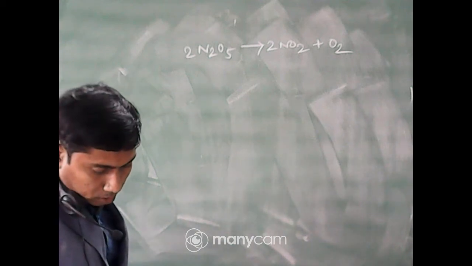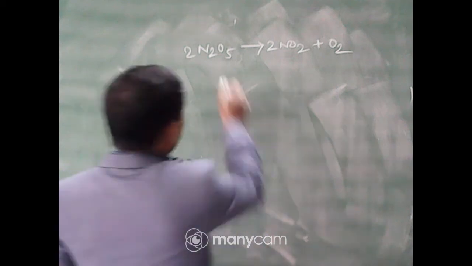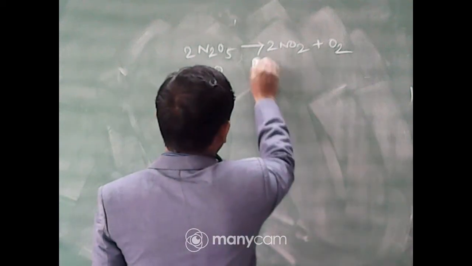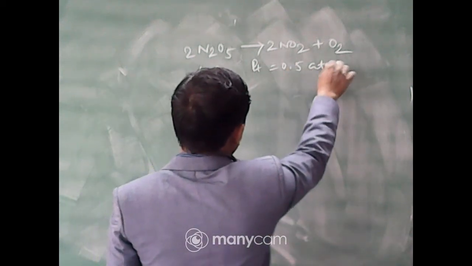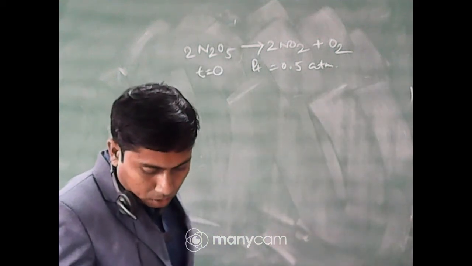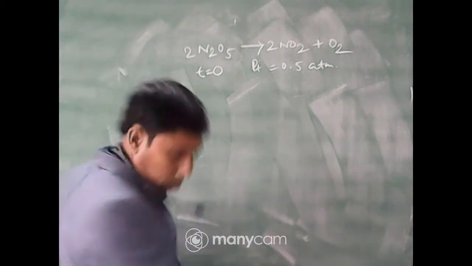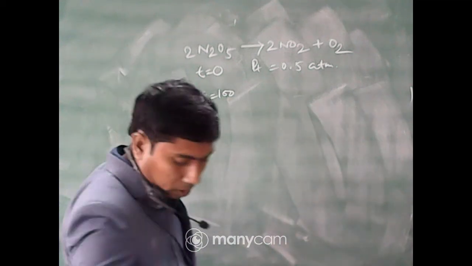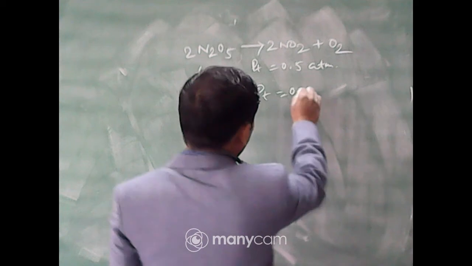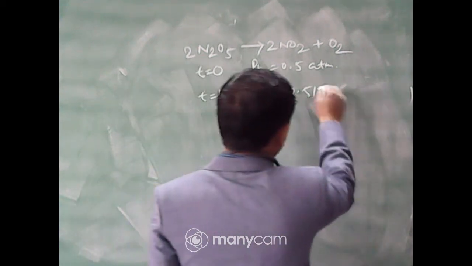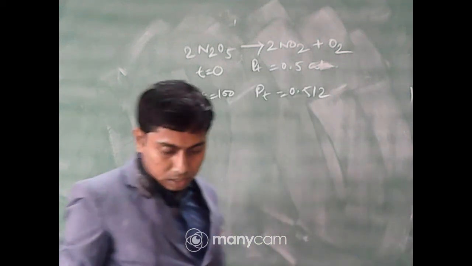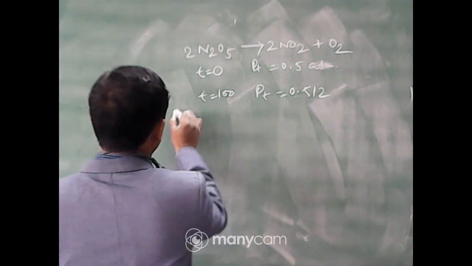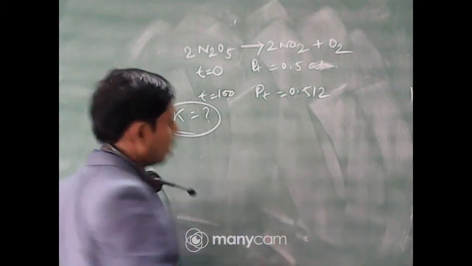When time T equals 0, the total pressure P total equals 0.5 atmosphere, and when T equals 100, the total pressure equals 0.512. Calculate the rate constant K for the gaseous reaction.